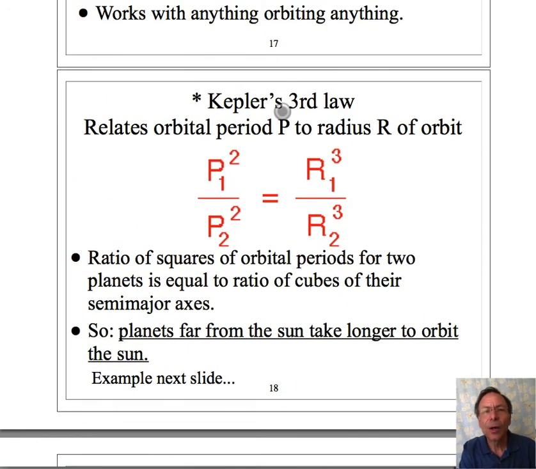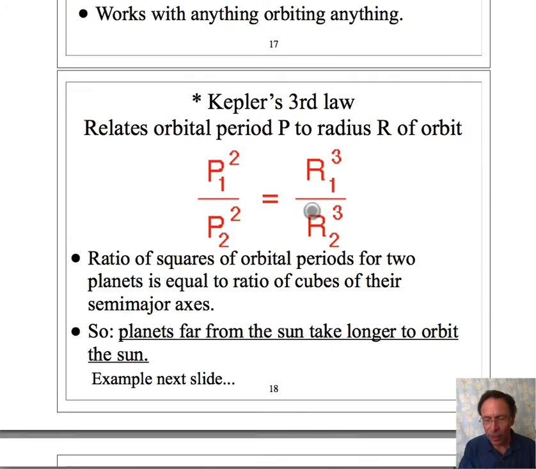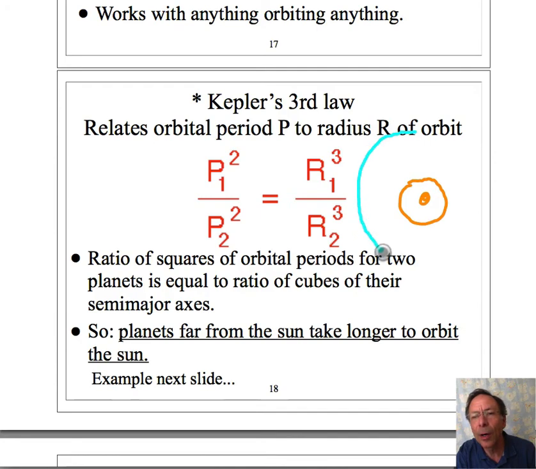Now, Kepler's Third Law doesn't have to do really with the ellipses part of it. Rather, what Kepler's Third Law says is, let's say, I'll go with red. I've got the sun. Here's the sun. And here is the orbit of Mercury. Mercury is close to the sun. And let's see, I'll use blue. Here is the orbit of the Earth. The Earth is quite a bit further away. And then here is the orbit of Mars.